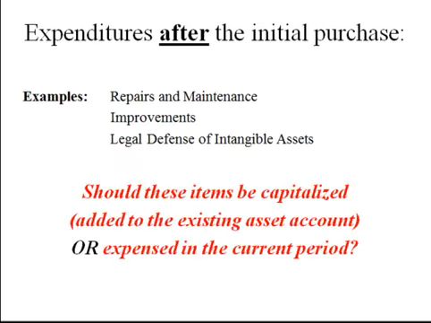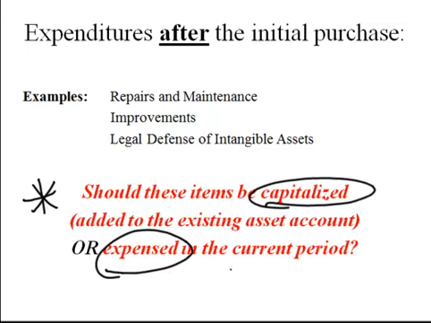After initial purchase, a company likely will have expenditures related to its assets. Examples include repairs and maintenance, improvements. In the case of intangibles, we may have attorney fees related to the defense of the intangible asset. Like we did at initial acquisition, we have to ask and answer the question, should these expenditures be capitalized or expensed in the current period?